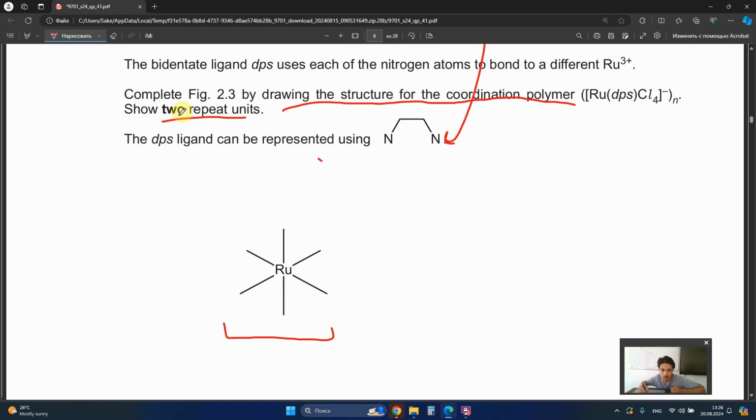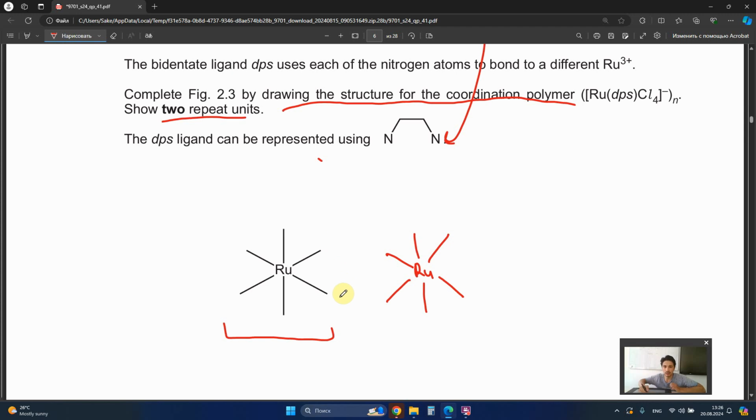If you are asked to show two repeat units, you are not asked to show the structure of the polymer only. So you better show it here one more time. You are not asked to show the geometry appropriately, so in that case you would show these ones directed towards you, these ones away from you.